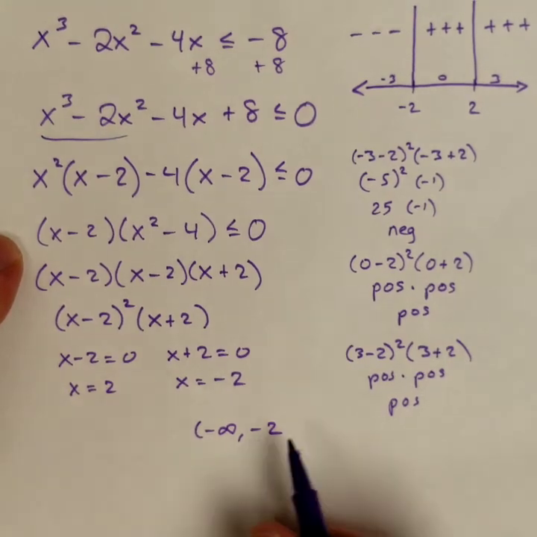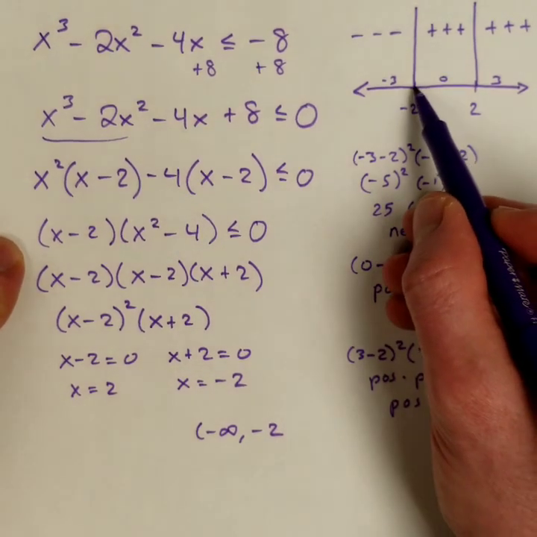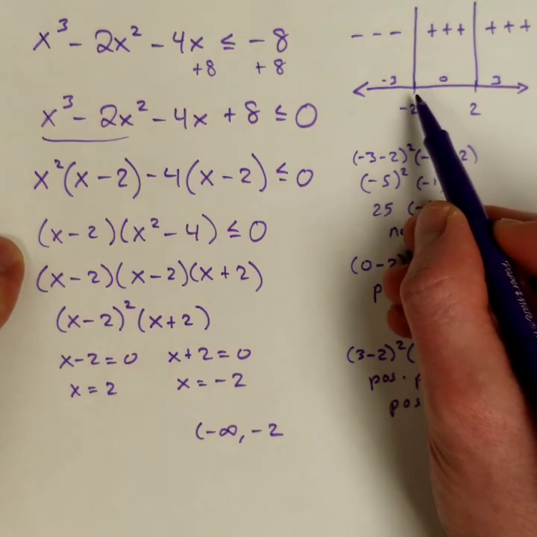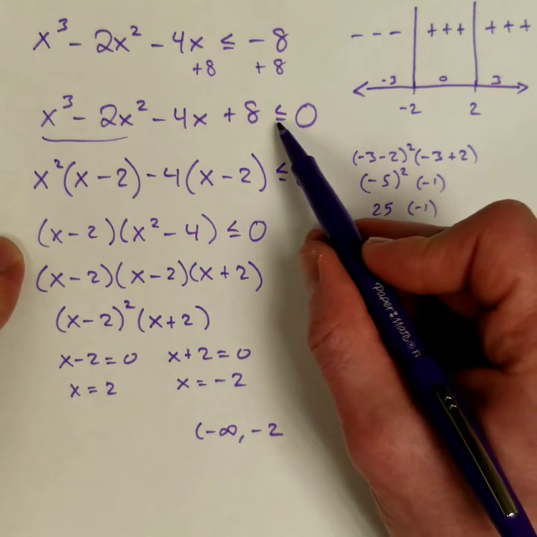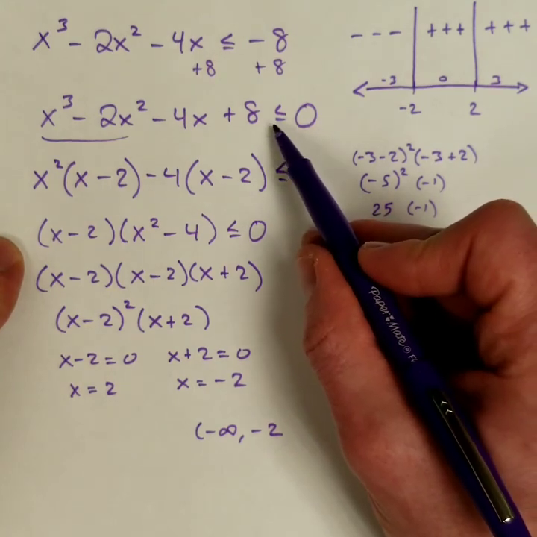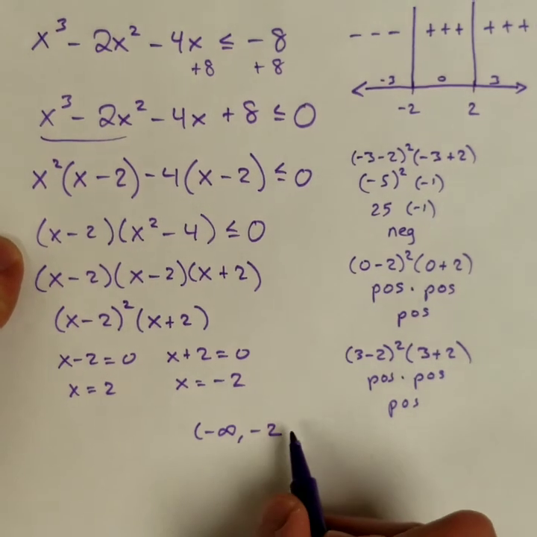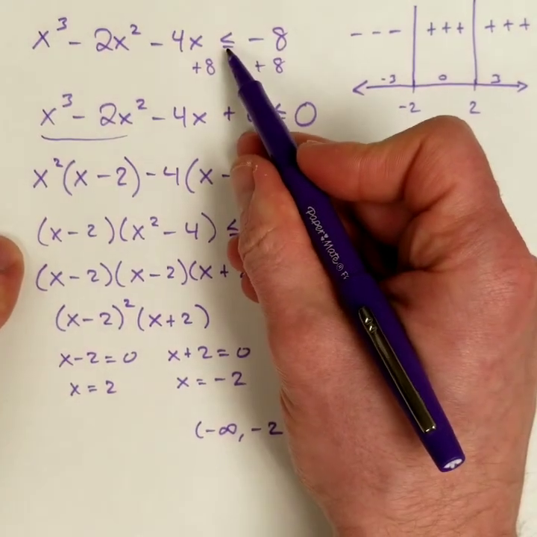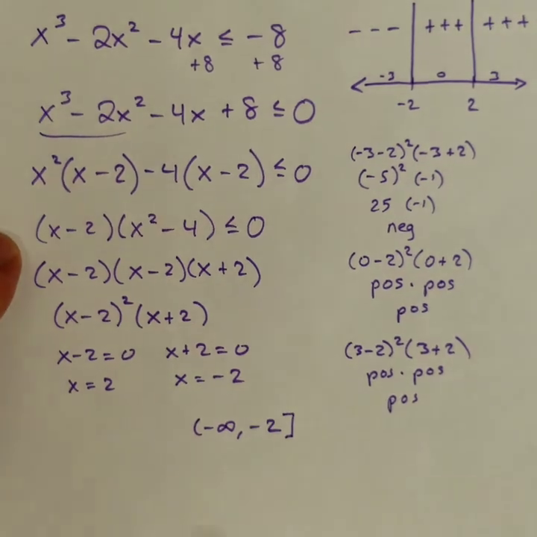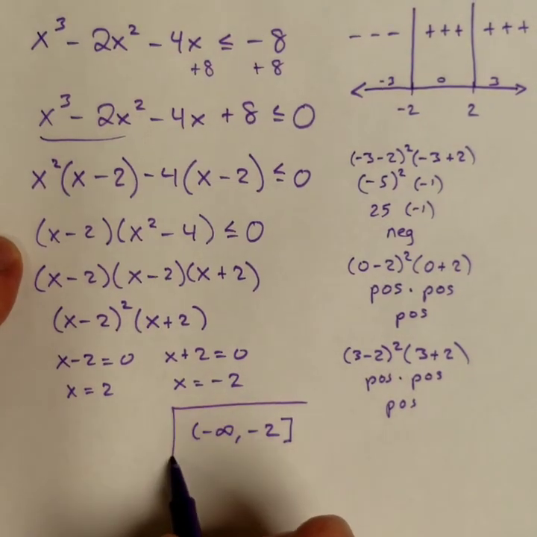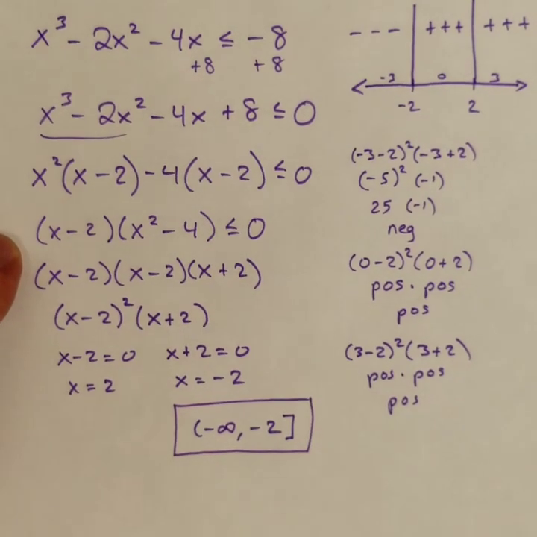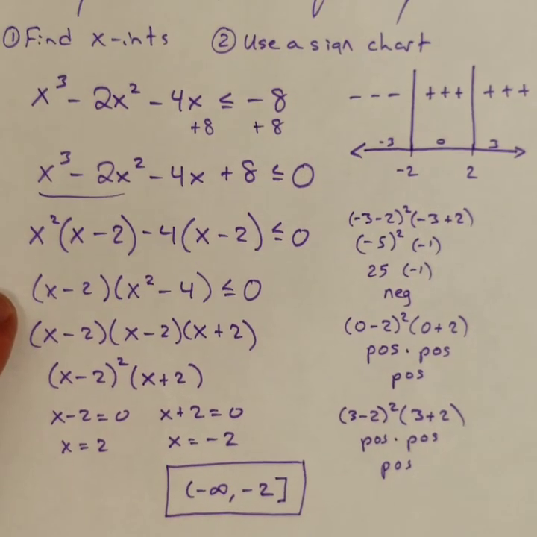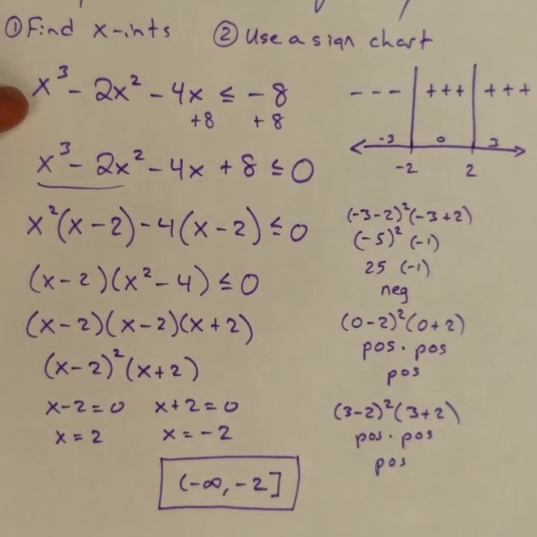The negative 2, however, because it's an x-intercept, the graph touches the x-axis there, and this inequality includes an equal sign, we're going to use a bracket. The bracket is included when there's an equal sign in the original inequality. That single interval will be the solution to our original polynomial inequality.